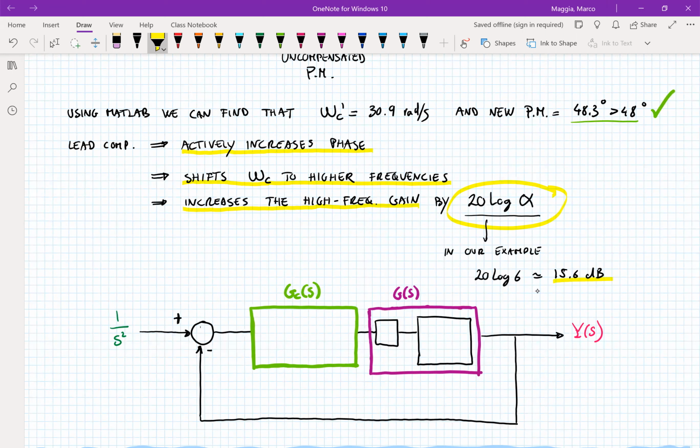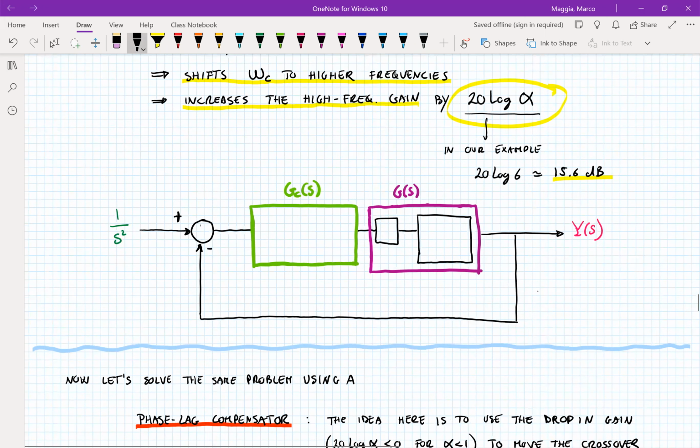So our compensated system, if we want to write it down in the block diagram form, is, so we have the block for the compensator, (1 plus 0.1589 S) over (1 plus 0.0265 S). And then we have the plant. So we had that constant gain that we added in order to meet the steady state error requirement.